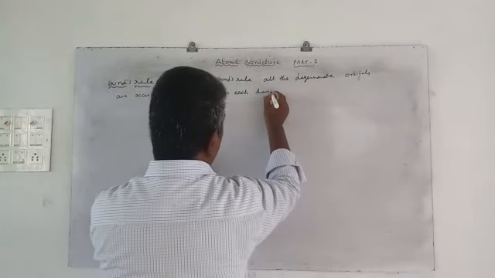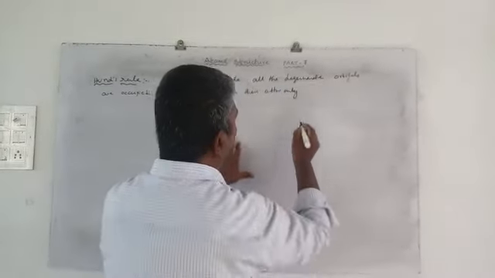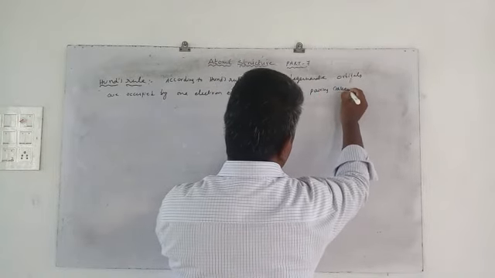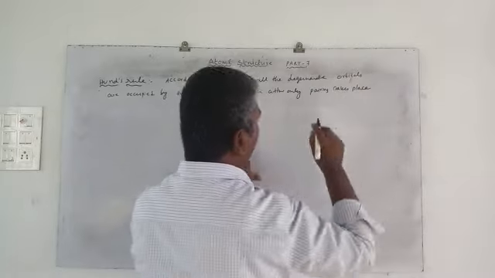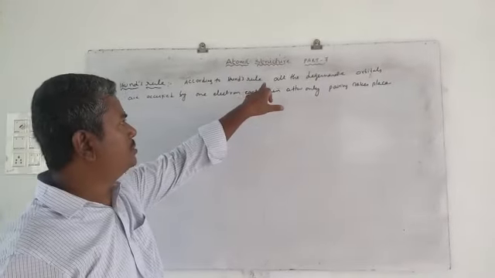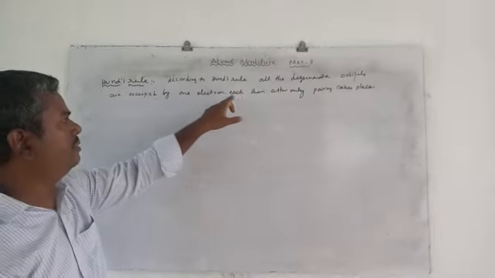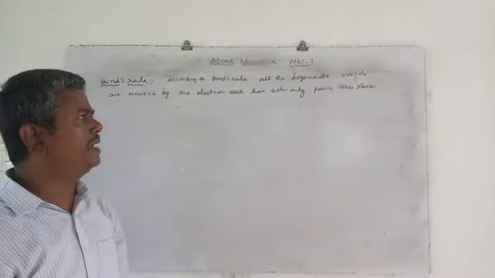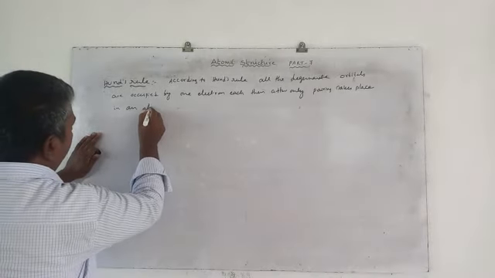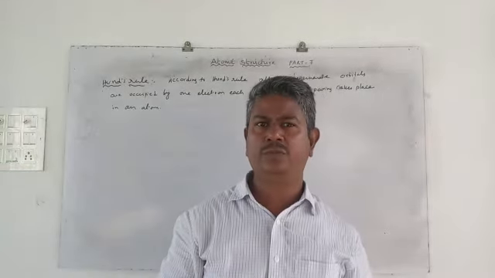Then after only, pairing takes place. Observe the statement: according to Hund's rule, all the degenerate orbitals are occupied by one electron each, then after only pairing takes place in an atom. Clear? So that is the statement.